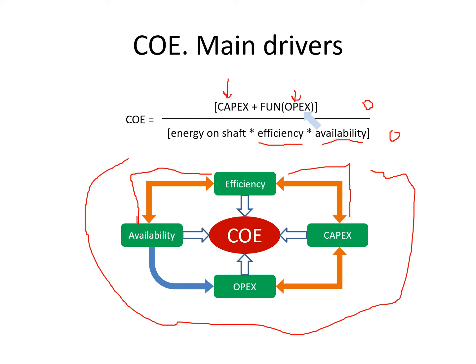What does it mean? For example, a very efficient generator will cost a lot. That means if we want to increase efficiency, we need to increase capital expenditures at the same time. So it is not guaranteed that if we choose high efficiency for the power drive train, the cost of energy will be lower, because maybe the cost will be so high that it will be higher.